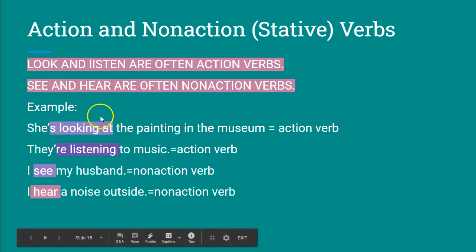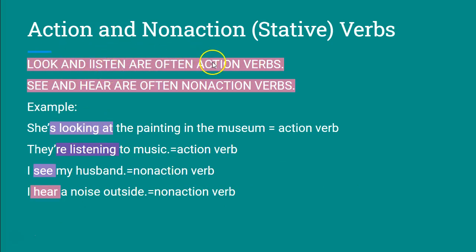Okay. So look and listen are often action verbs, whereas see and hear we use as non-action verbs. So we can say she's looking at the painting in the museum. That's an action verb. They're listening to music, action verb.